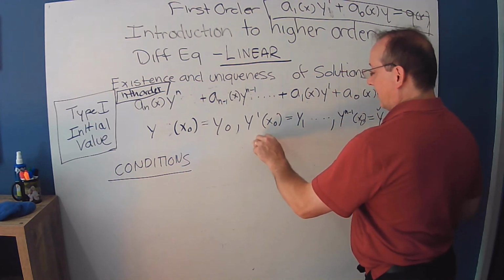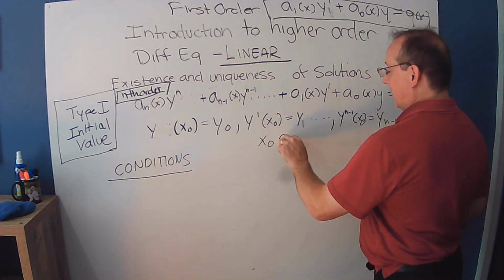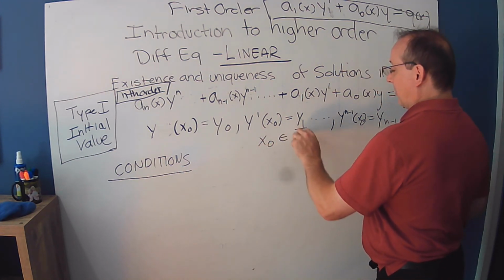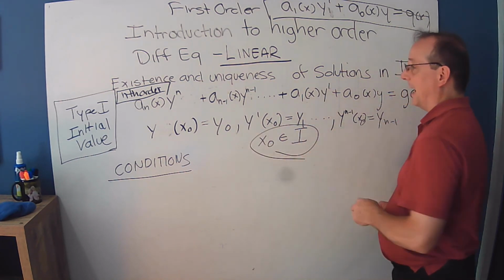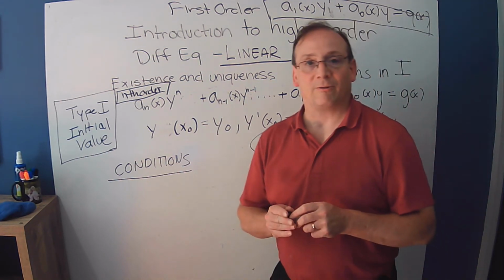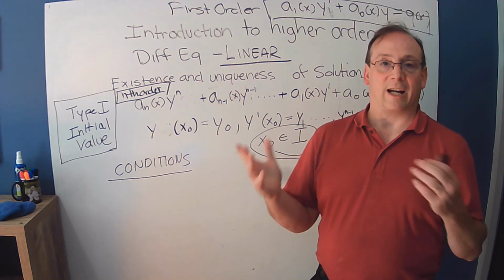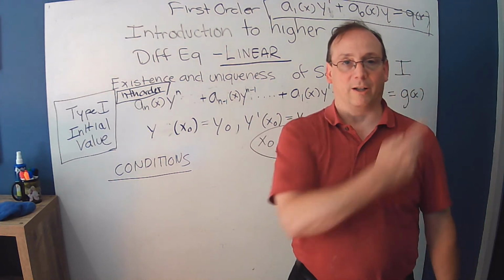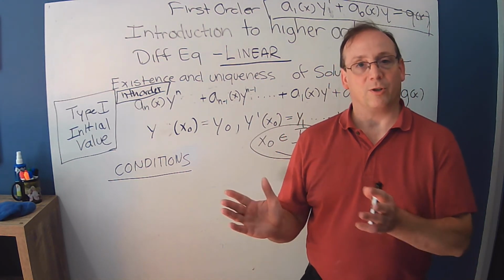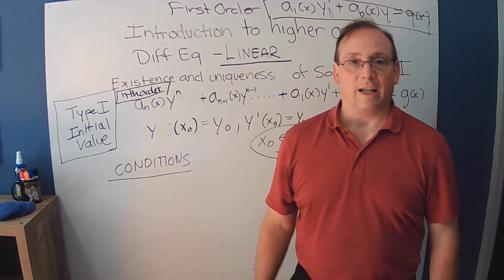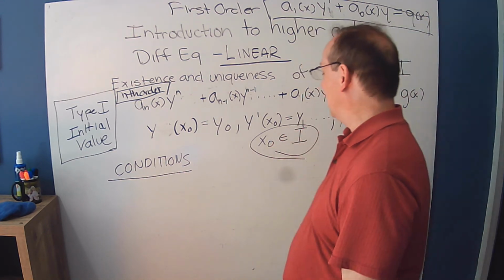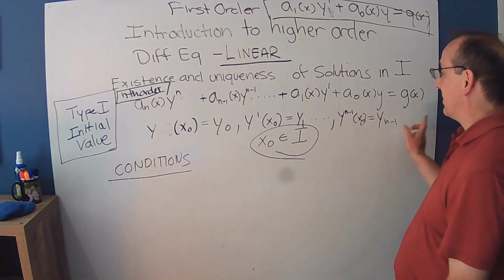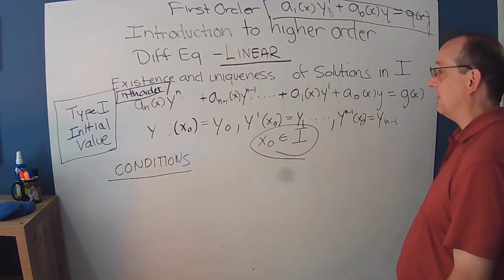Important here is that x0 is an element of, or belongs to, our interval I. Obviously, if this x0 were outside the interval, then we picked the wrong interval. Functions are restricted to intervals, so we want to make sure that this initial condition is in that interval.